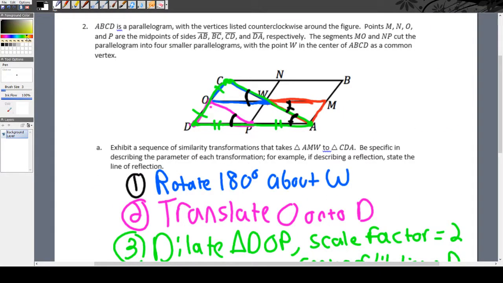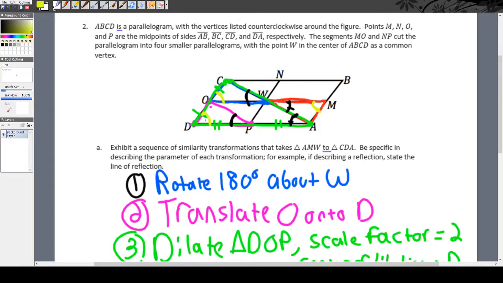I'll try to do a new color for this. So let's look at this angle M here. When we rotated the red to the blue, angle M is going to move over here. And again, when you slide it down, it moves over here. Finally, when you dilate it, it actually stays in the same position as it was from the purple triangle.